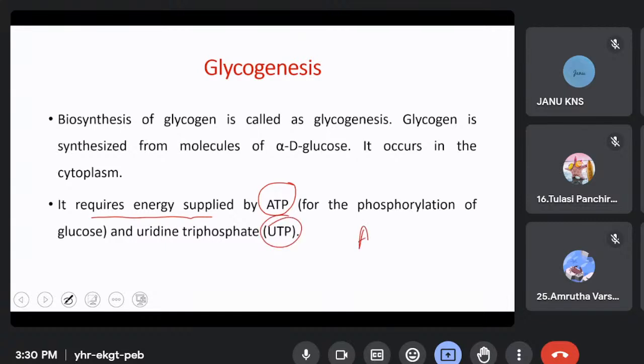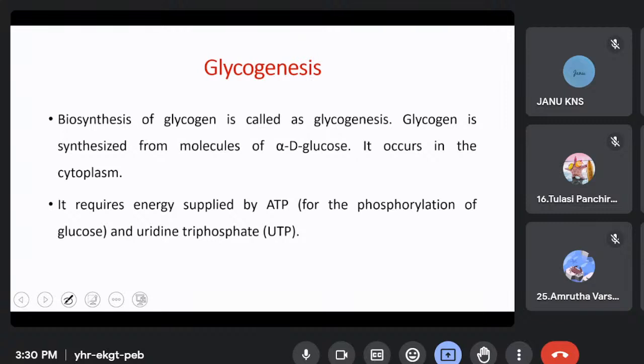We know adenine, guanine, cytosine, thymine, and uracil. These are the nitrogen bases. And adenine gives rise to adenosine triphosphate, guanosine triphosphate, cytosine triphosphate, thymine triphosphate, and uridine triphosphate. And these two are the sources of energy during the synthesis of glycogen.